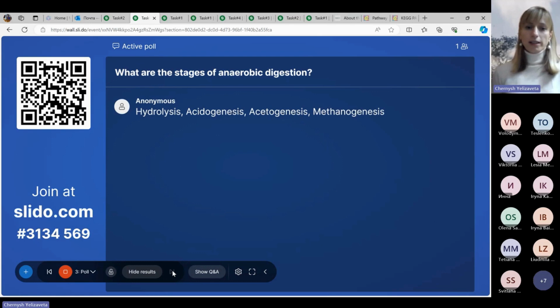I see some person writing very quickly. And we see the stages: hydrolysis of complex organic components into more easily biodegradable components. In acidogenesis, it also releases CO2 and organic acids. Then acetogenesis gets acetate, and the terminal final stage is methanogenesis. Then we can get methane.